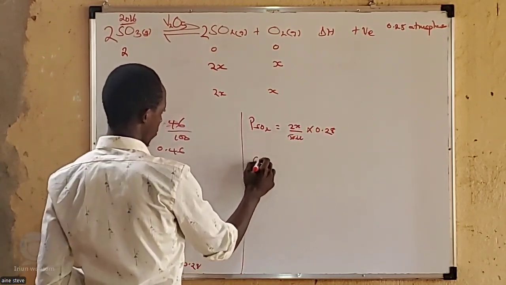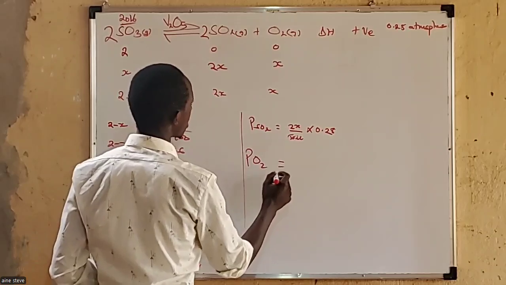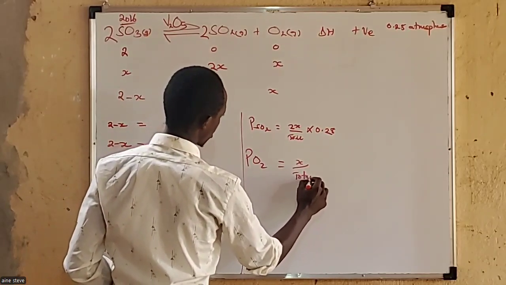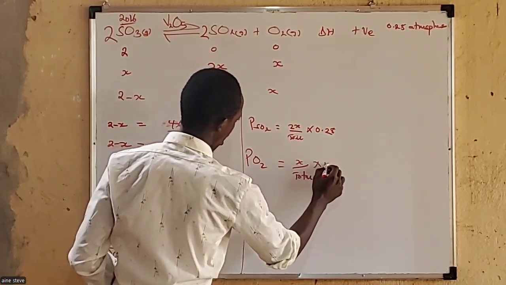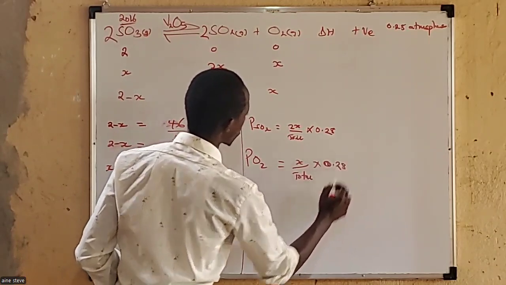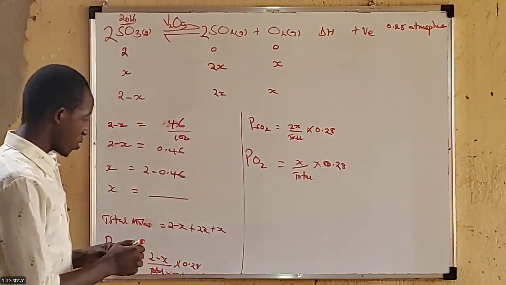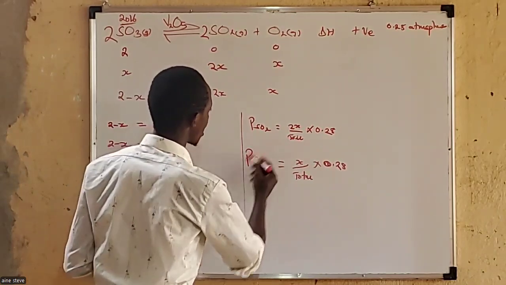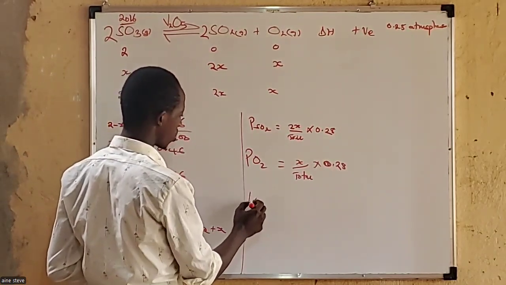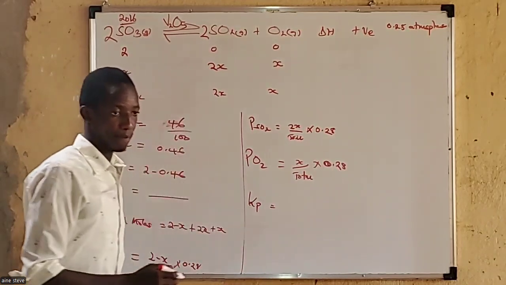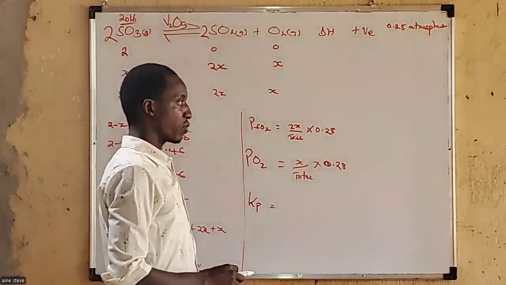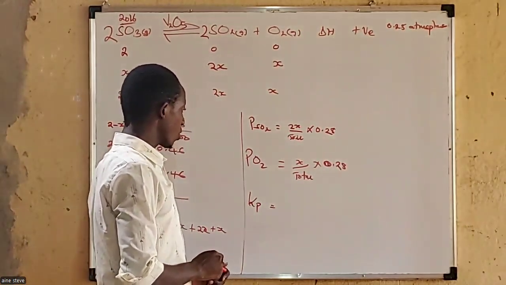Then you also get the partial pressure of oxygen, which will be X out of total moles times 0.28. So when you finish getting the partial pressures, you go back and feed them in the expression for Kp. I think when you feed it in the expression for Kp, you'll be able to get the equilibrium constant Kp.